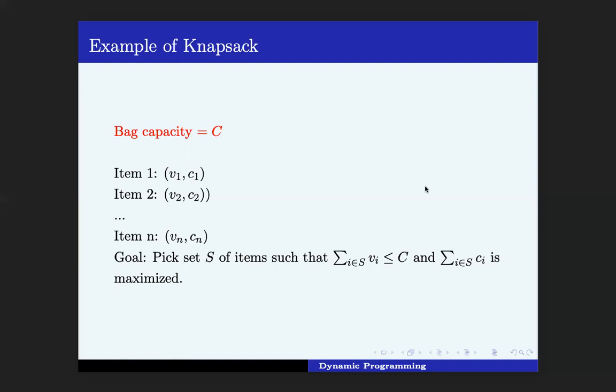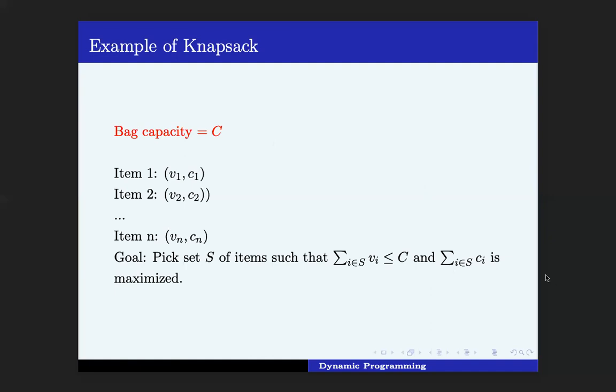Which will basically become something like n times log of something. It will be n items. So technically the correct input size will be log of all of them added.